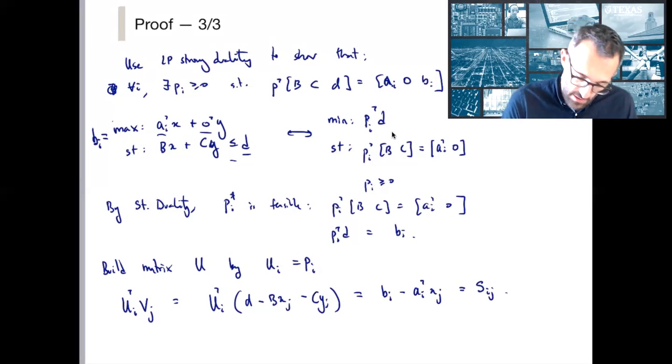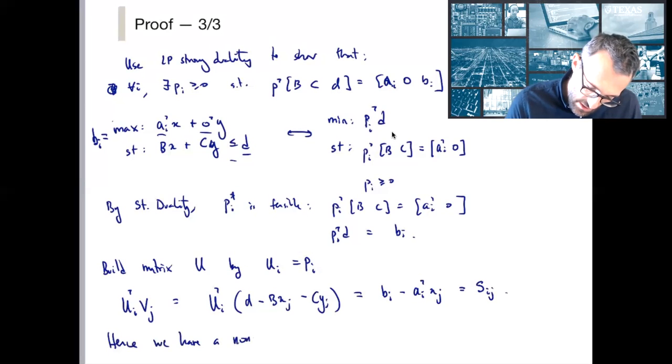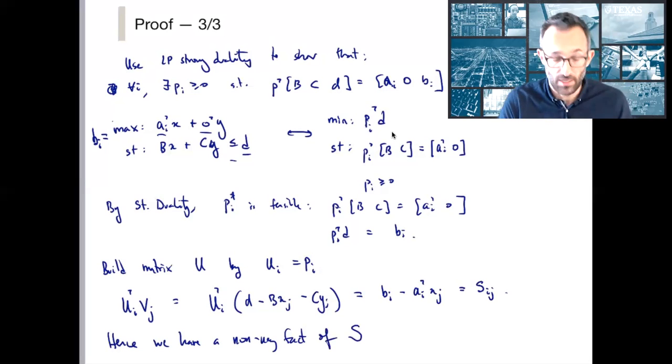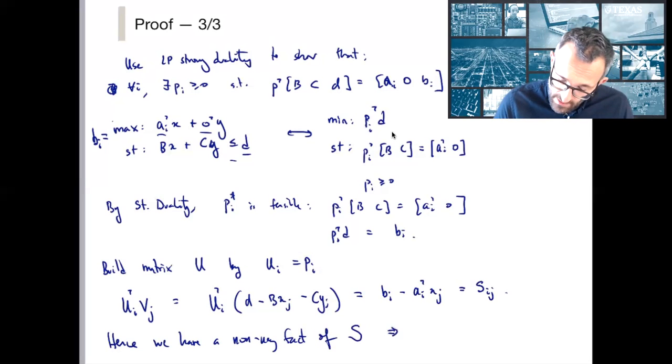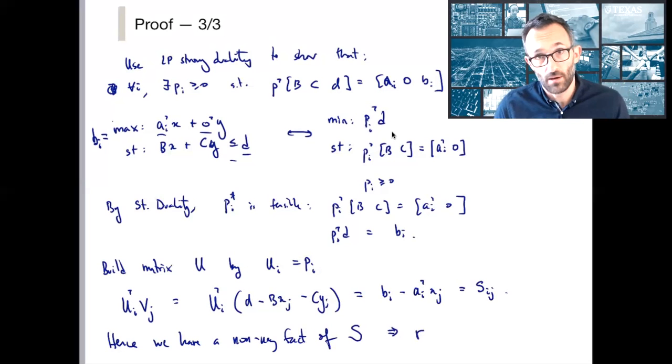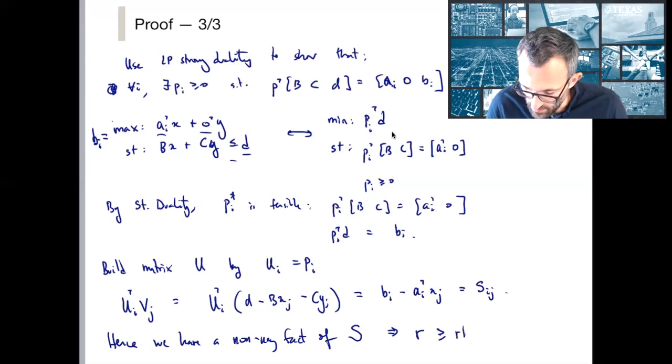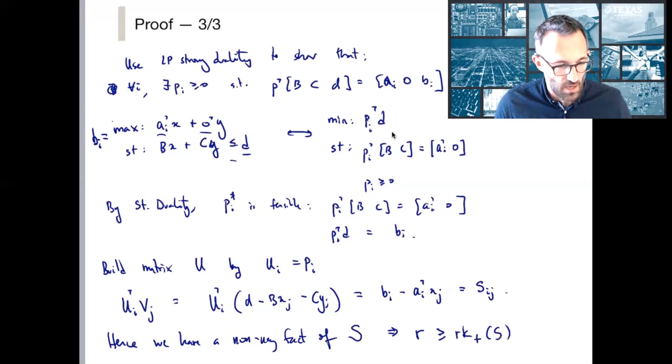So in other words, hence, we have a non-negative factorization of the slack matrix, which means that this r, which was our extension complexity, can't be any smaller than the minimum non-negative factorization of S, which is also known as the non-negative rank of S. And that is our story.